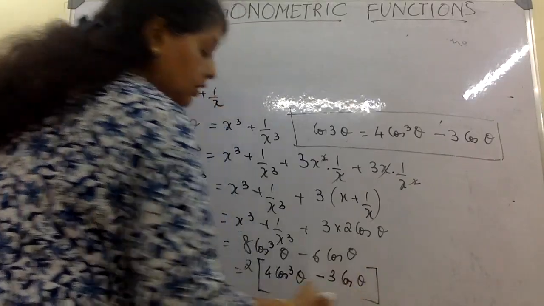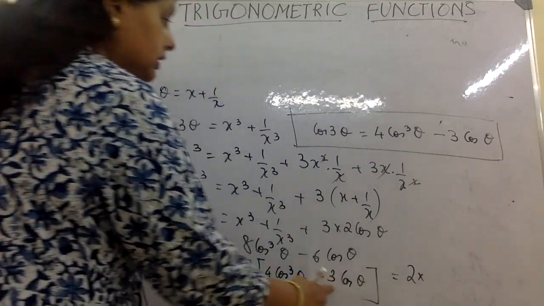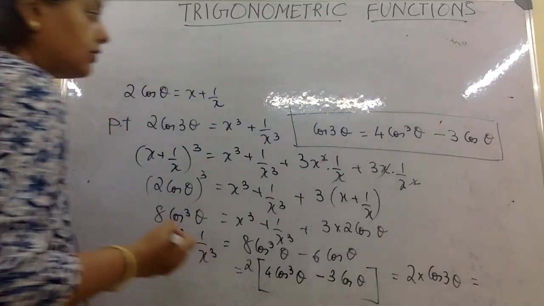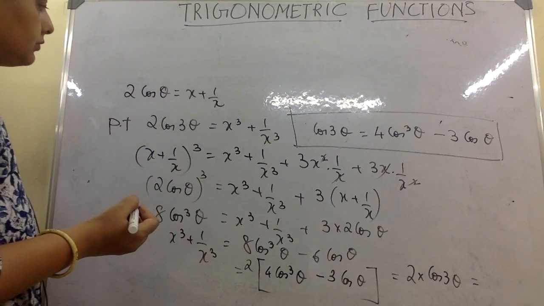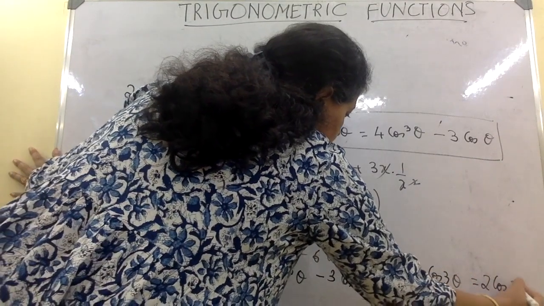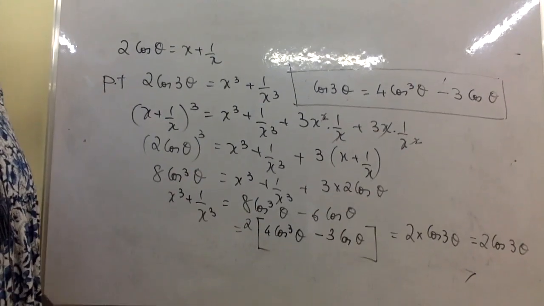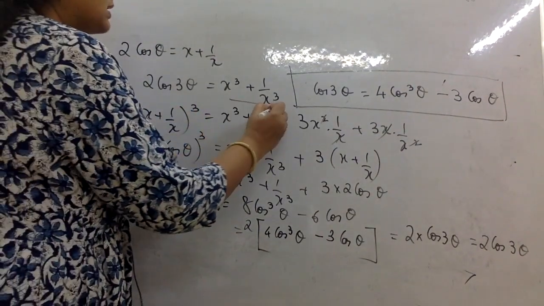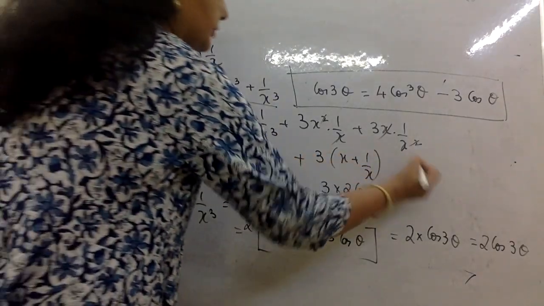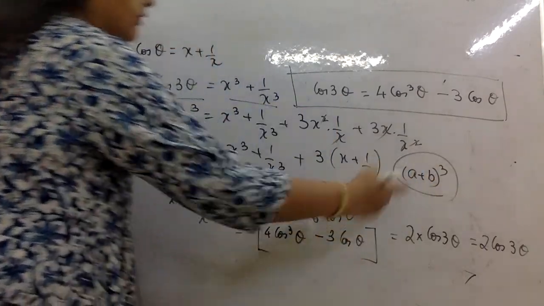Now you see what we got. That is equal to 2 into cos 3 theta, which is what we needed to prove. So 2 cos 3 theta, hence it is proved. You can see we have finally gone from this side to this side, using the identities. Okay, we have used this.